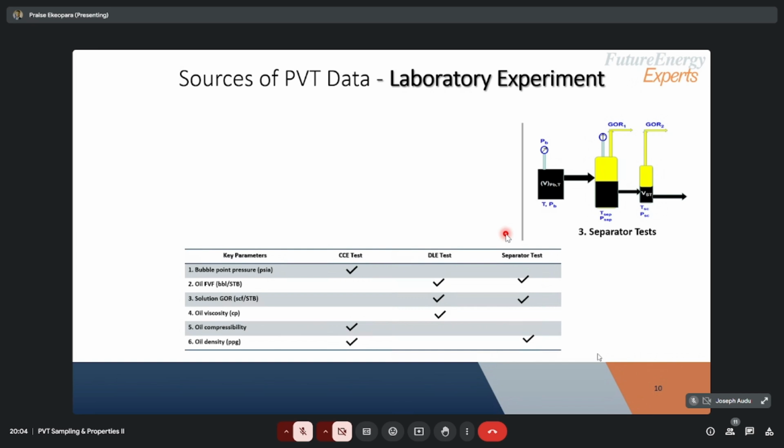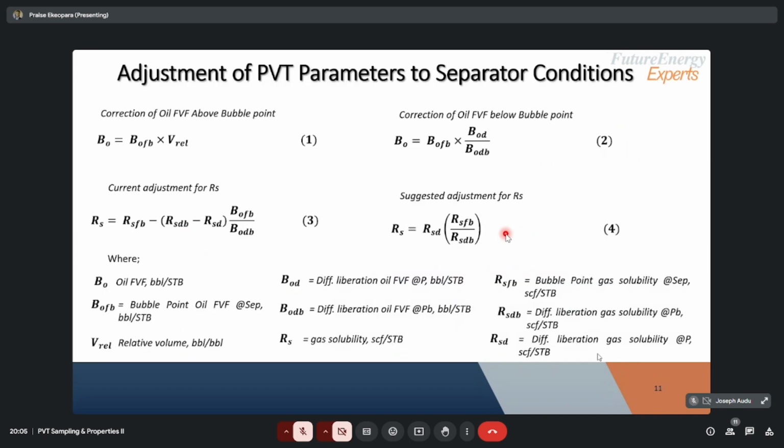Separator can be steps of, let's say, 2, 3, 4, or 5. It doesn't really meet up. And reservoir separator condition is just like the final condition of interest, right? So we need to correct the differential liberation and match it to that separator condition, right? So that's it for now, but I believe when we are doing a hands-on, we can equally buttress on that.